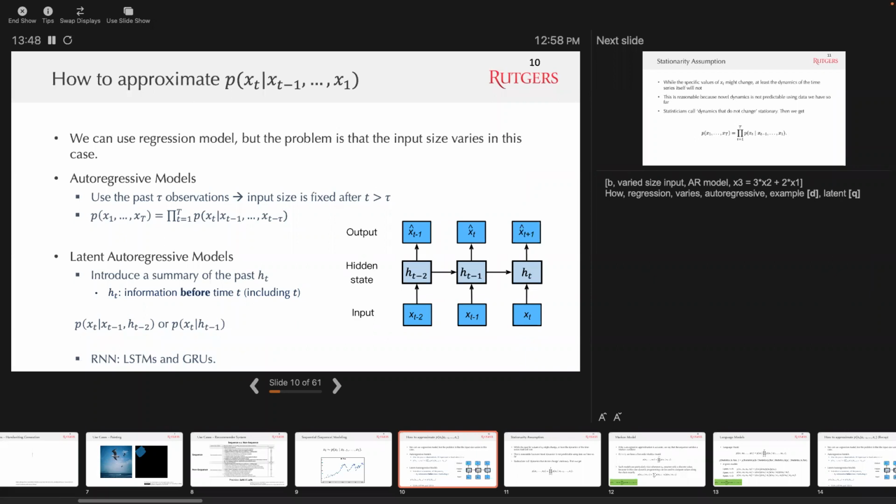Okay, t minus 1 to be exact. So you learn a neural network to map ht minus 1 to predict the current value. If you can do this, then naturally you can consider the whole past history rather than just using the autoregressive method to consider only the past tau observations.